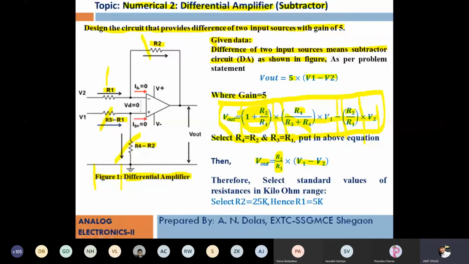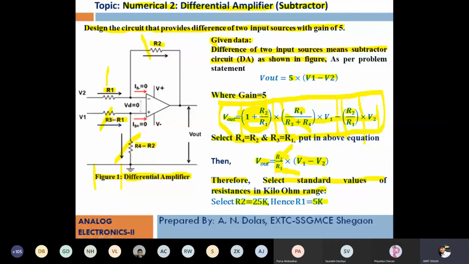After doing this, select the standard values of the resistances in the kilo ohm range. I recommend more than 5K and less than 100K. So I choose 25K as R2 and 5K as R1. So 25K divided by 5K, it will be 25 by 5, which is 5.